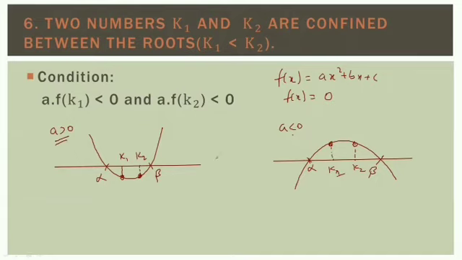Okay, that means a into f of k1 will be negative and a into f of k2 will also be negative, because whenever a is positive, f of k1 is negative, and when a is negative, f of k1 is positive, and same for the second case. These are the two cases for the condition when two numbers k1 and k2 will be confined between the roots.